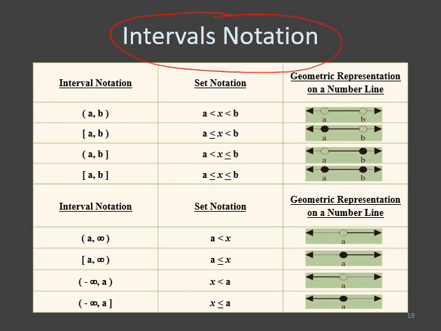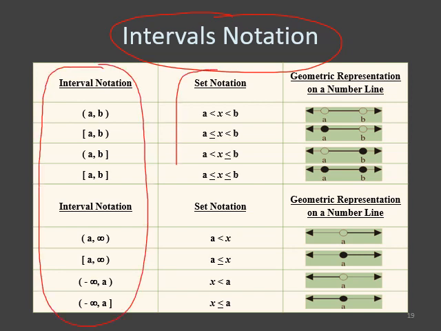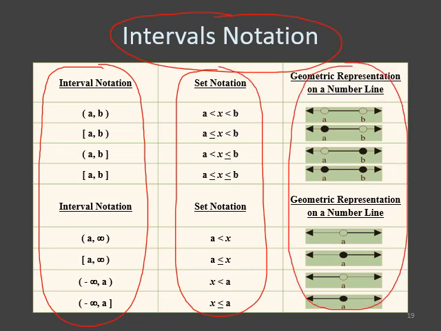When we have a set of inequalities, we can define the final answer x from where to where. How can we tell the story about the x? We can use three ways. The first way is the interval notation, the set notation, and a geometric representation.